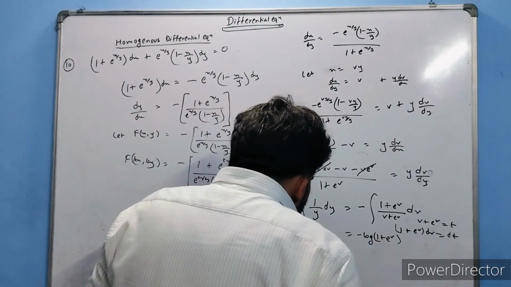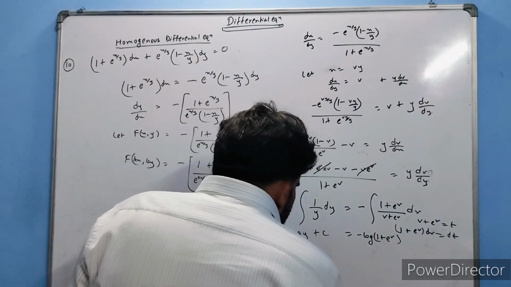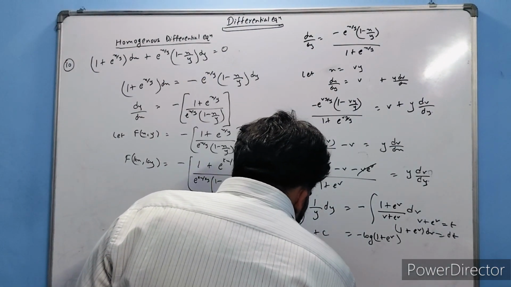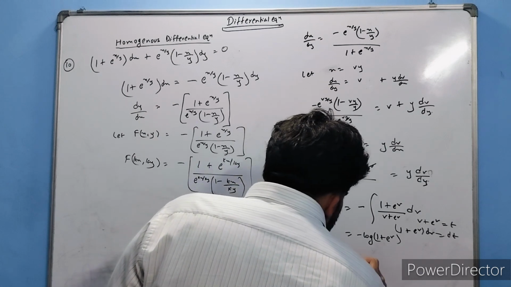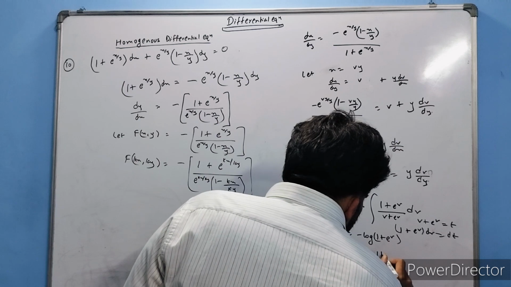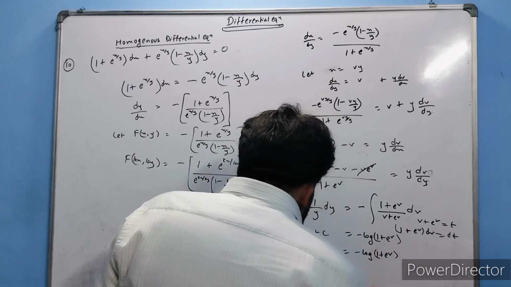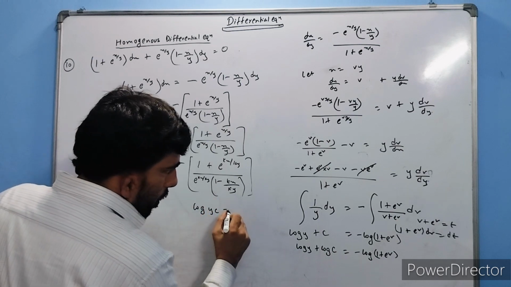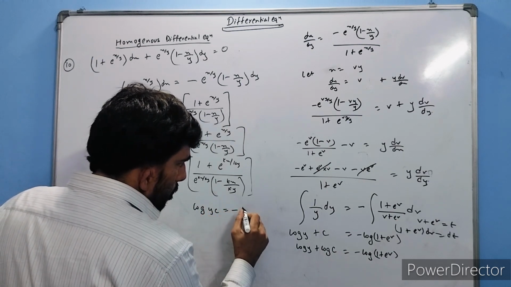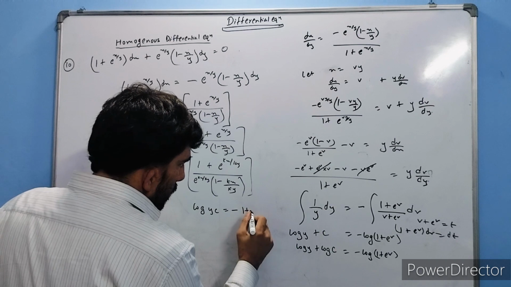So now we can easily say, if I write log y plus log c, minus log of 1 plus e^v, so we have log yc is equal to minus 1 plus e^v.